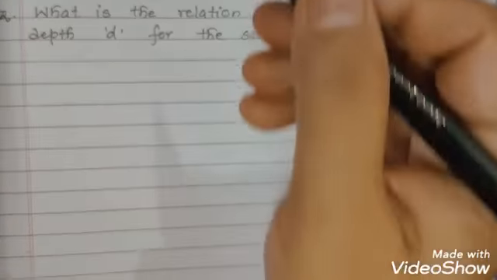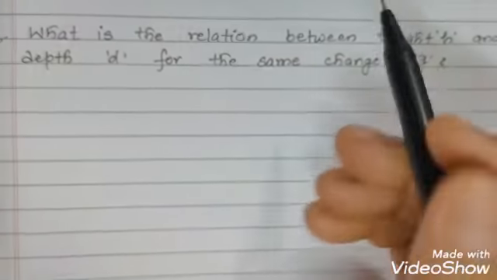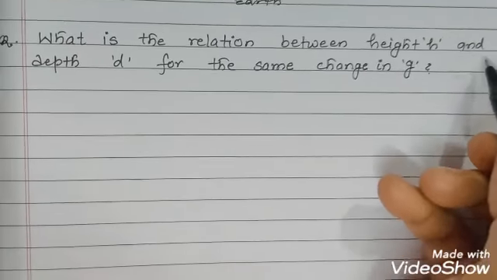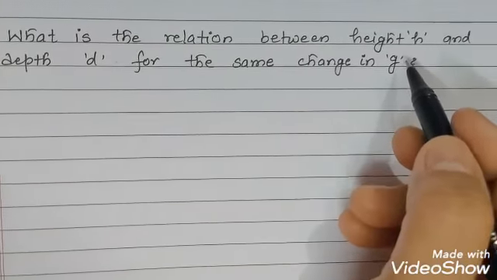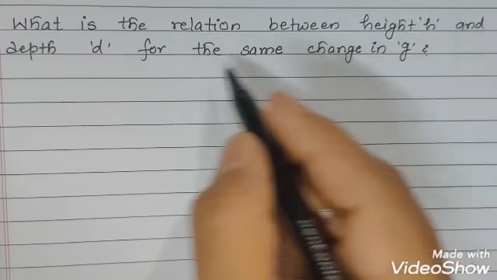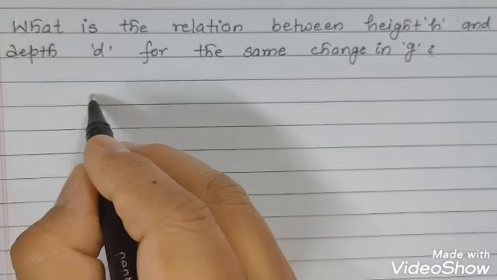Now you will see here one question: what is the relation between height h and depth d for the same change in g? We know that the acceleration due to gravity changes when we take the object to some height.